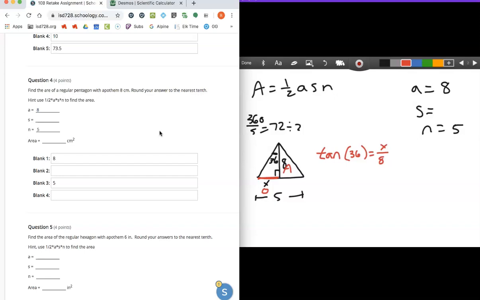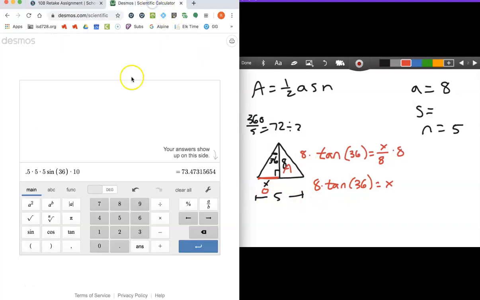Since the 8's on the bottom, I can multiply both sides by 8, and then that's going to be what goes in the calculator here shortly. Okay, so that's going to be close to what the side length is. Remember, this is only going to be half of the side length.